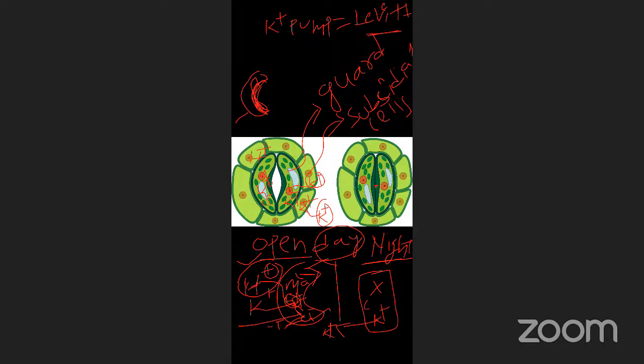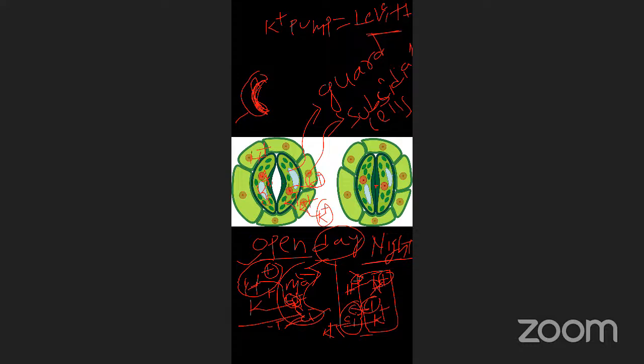Along with the K plus, Cl minus is also sent back to the subsidiary cell, and H plus is received. In the subsidiary cell, the Cl minus concentration gradually increases, because Cl minus is already present there.